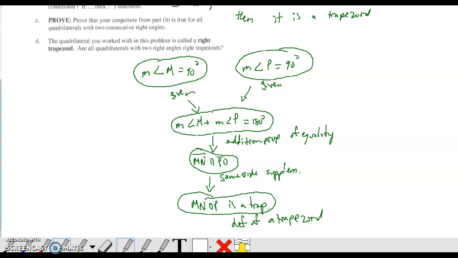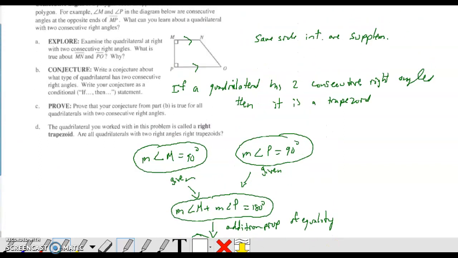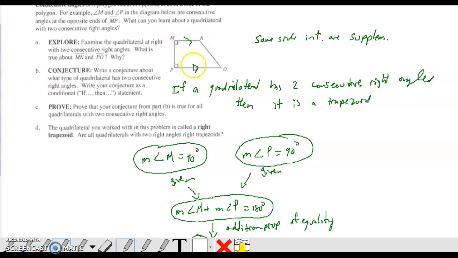It's an argument. I'm trying to argue that this is a trapezoid. What do I need to know in order for it to be a trapezoid? I need to have two sides that are parallel. How do I tell the two sides are parallel? Well, same side interior angles have to equal 180 degrees. So be thinking about what you need in order to get the next step, so to speak.